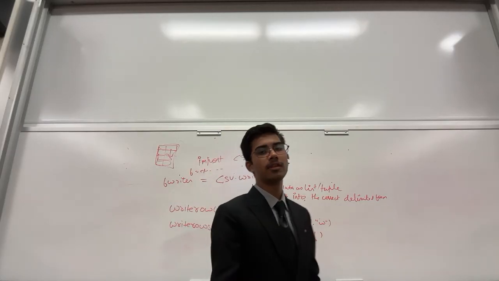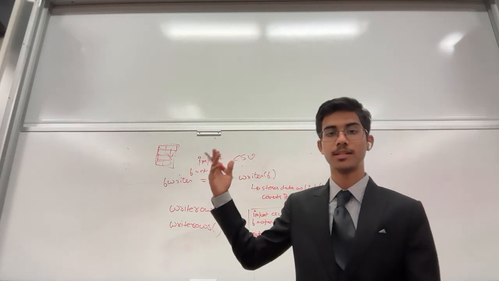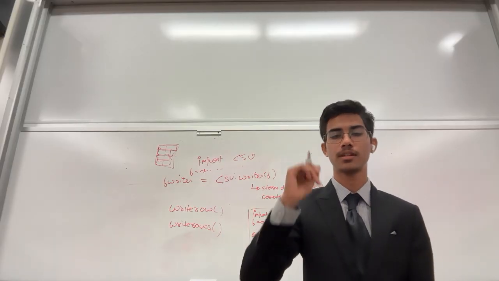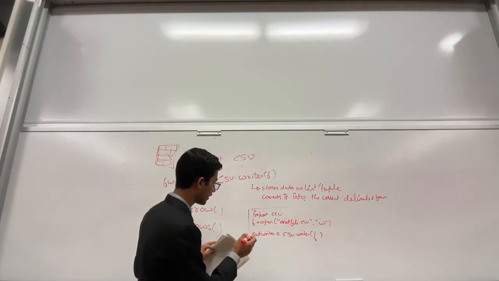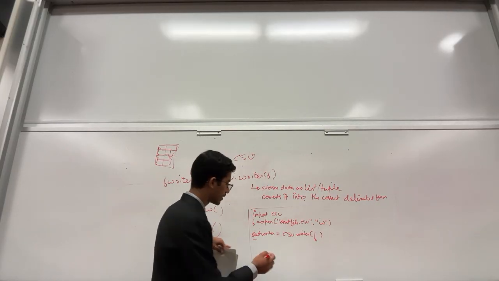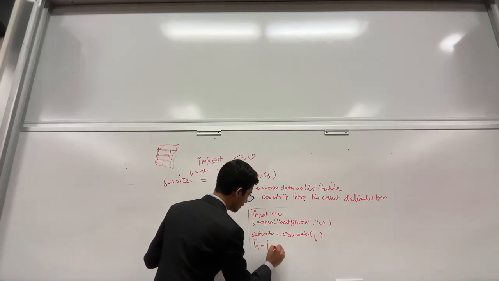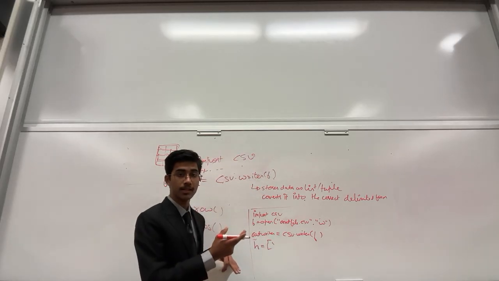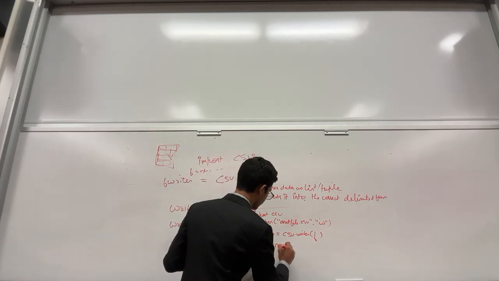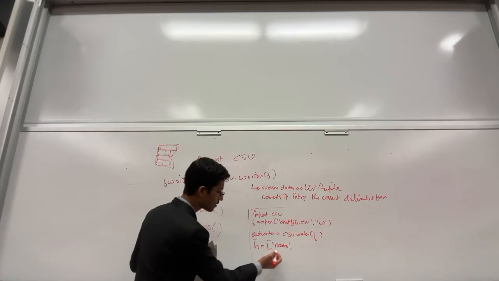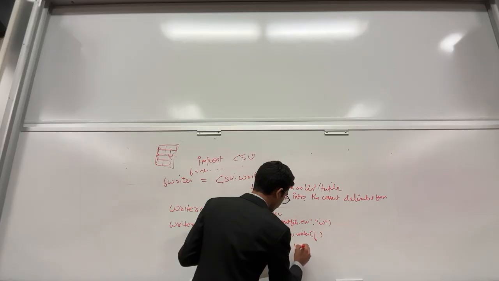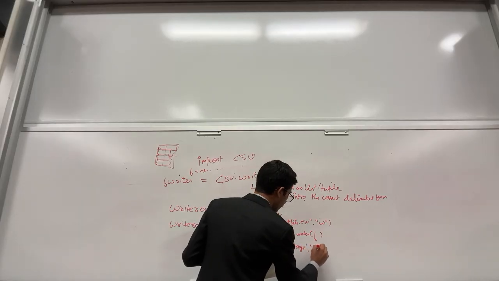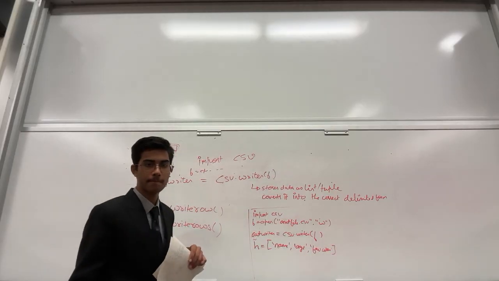Now, let's say we want to write the original example that we discussed with the name, age, and favorite color. So let me add a heading row over there. Let's say that my heading row is saved in a variable called h, which is a list with the first item in that list being name. Name is in string format, so it has single quotation marks around it. Name, comma, age, comma, favorite color. This is in a list format.